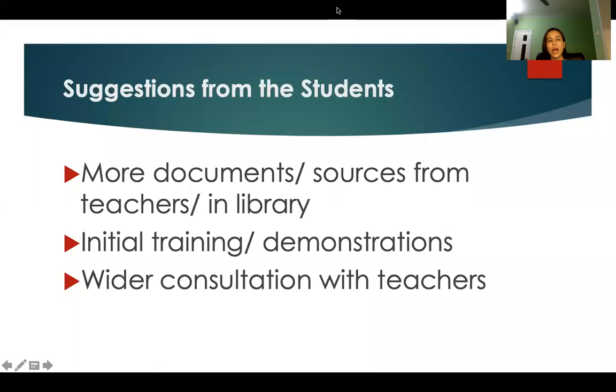And here are the three major suggestions from the students. They believed that more documents or sources from teachers, or in the library where they can find the documents themselves, would be very helpful.